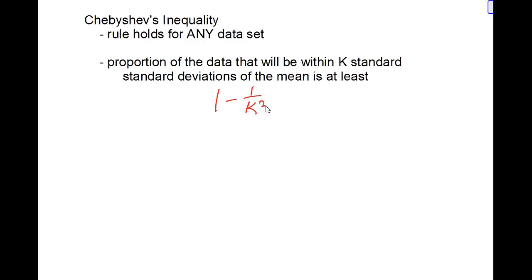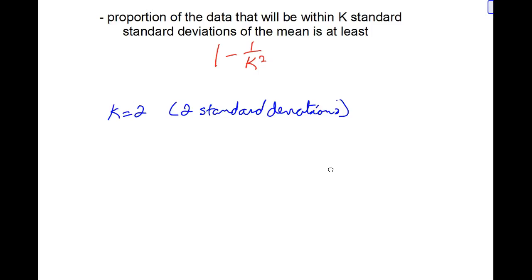So when we're looking at this, if k is 2, for 2 standard deviations, we can figure out approximately what proportion of the data will fall within 2 standard deviations, whether we're talking about symmetric data or skewed data.